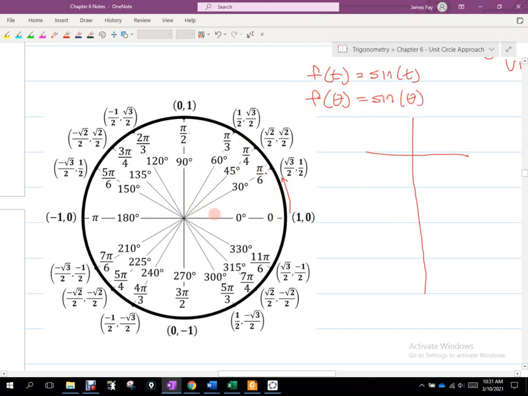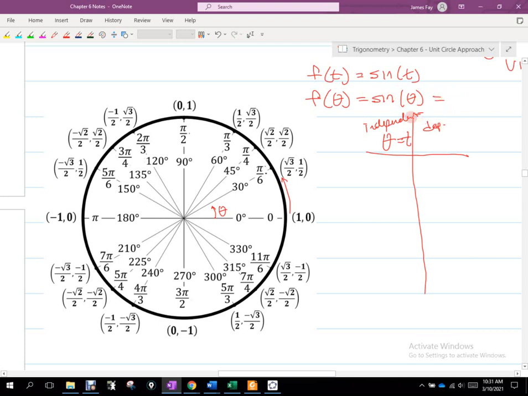But what do we know about theta and t on the unit circle? They're the same, so it doesn't matter here. My input value, or my independent variable, is going to be theta, or t. My dependent value is going to be that value of theta or t evaluated in the sine function.